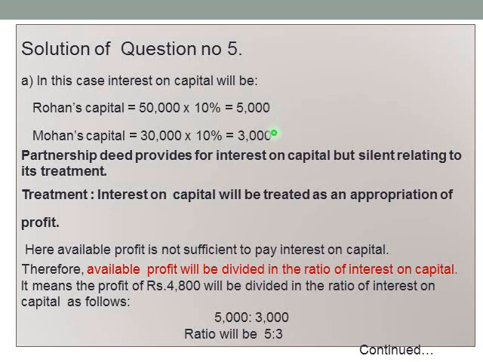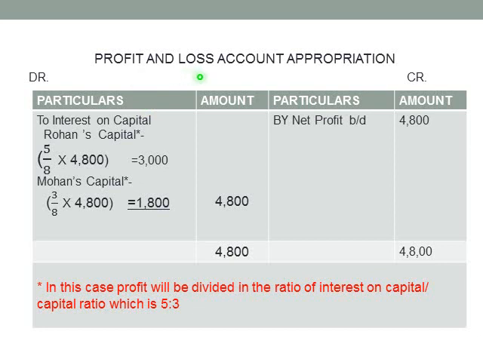So if you observe these two, the sum total of these two will be 8,000 and the available profit is 4,800. So this is a case of insufficient profit. What is to be done in this case? First of all, we will calculate the ratio of interest on capital, and that ratio will be 5:3. So let us prepare the profit and loss appropriation account.